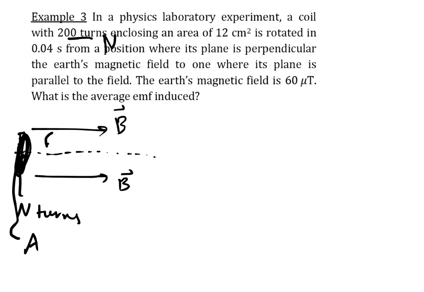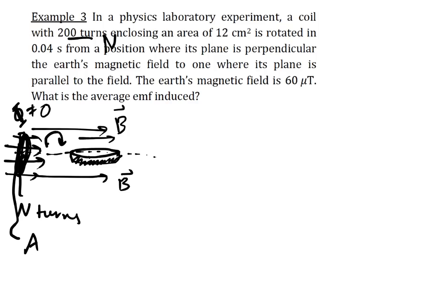After we rotate this coil a little bit, the plane becomes parallel to the field. In the first case, when the plane is perpendicular to the field, the magnetic flux is not zero, because there are some magnetic field lines coming through the plane.